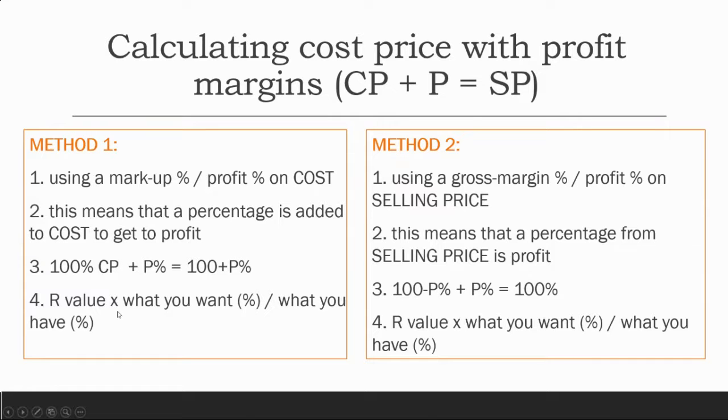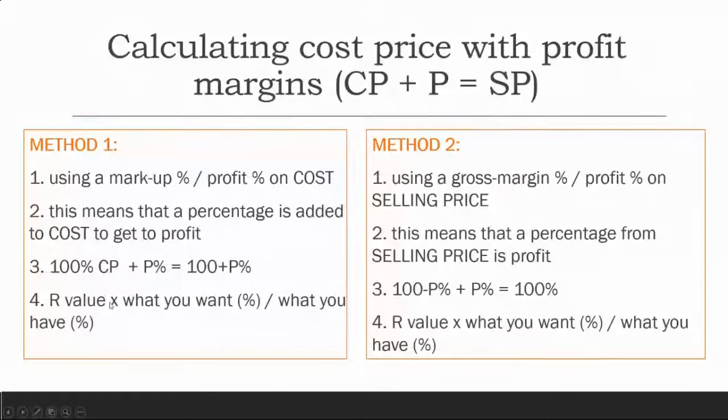And then if you've got a Rand value and you want to work out the profit or the cost in Rand value, you take these percentages and multiply them with what you want. Am I trying to calculate the cost, the profit, or the selling price? Over what do I have?